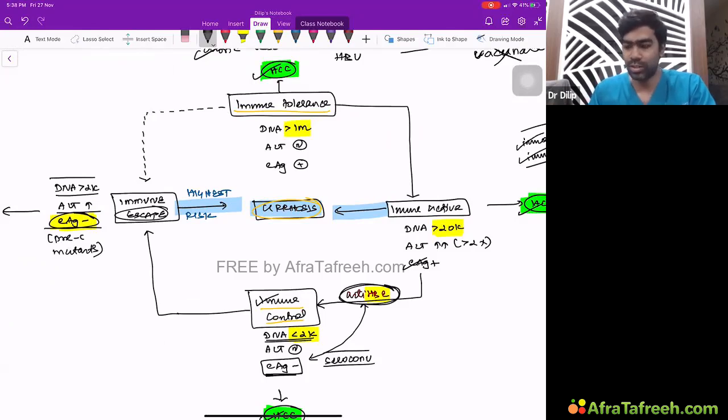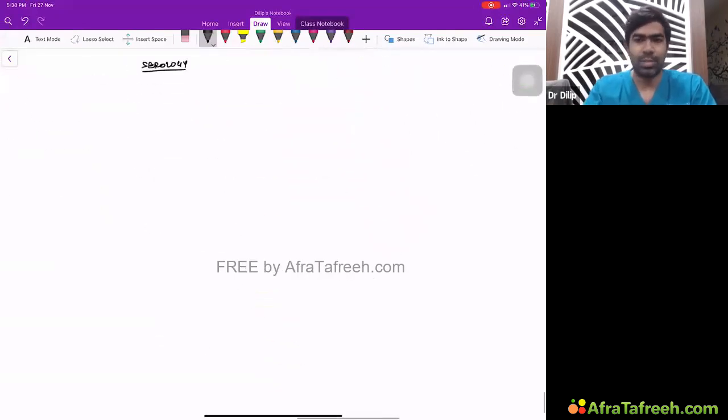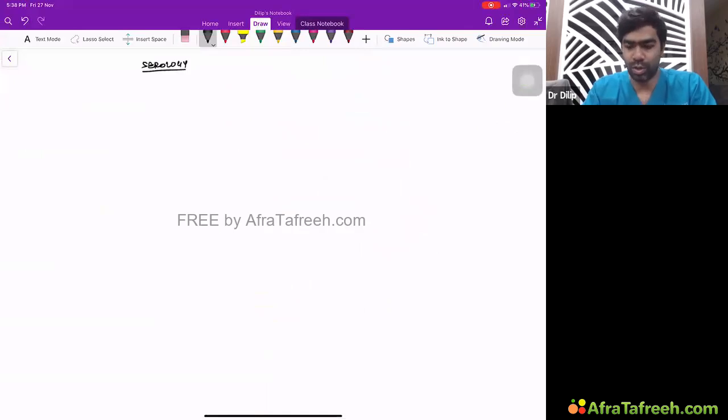The patient can have hepatocellular cancer at any chronic HBV stage, irrespective of the background problem. That is what you need to know. So that is the take-home point. It's not about which phase is going to have the maximum risk. So we're not going to do anything with that. But if you want to extrapolate and tell, I can say probably the immune escape phase, because that has the highest chance of developing into cirrhosis, by the way.